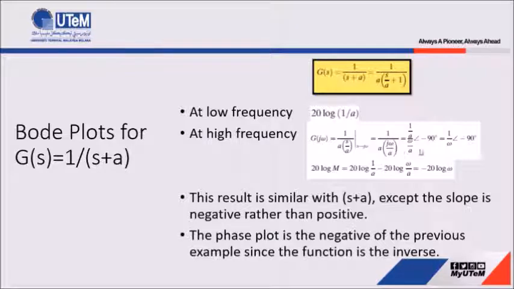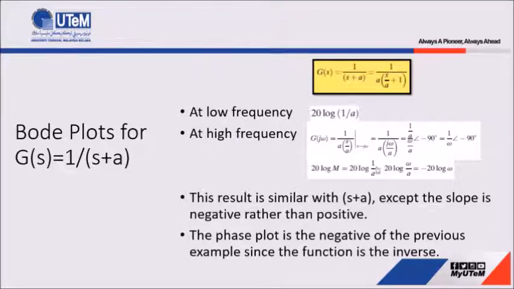For the phase, the same technique that we have discussed before can be used. But in this case, the component is located in the denominator, so that's why the result becomes negative here. So the overall equation to represent both plots is 20 log 1 over a minus 20 log omega over a.